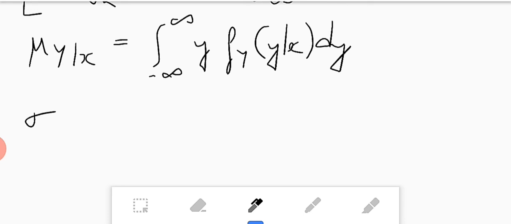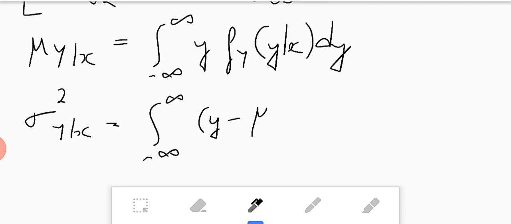Similarly, you have the variance, the integral from minus infinity to infinity of y minus mu y given x, because you need to use the conditional mean to find the conditional variance.